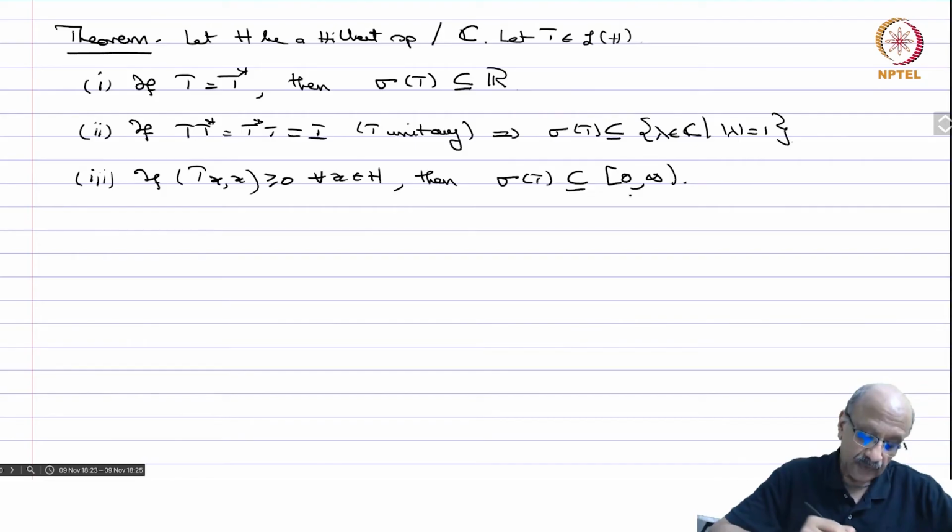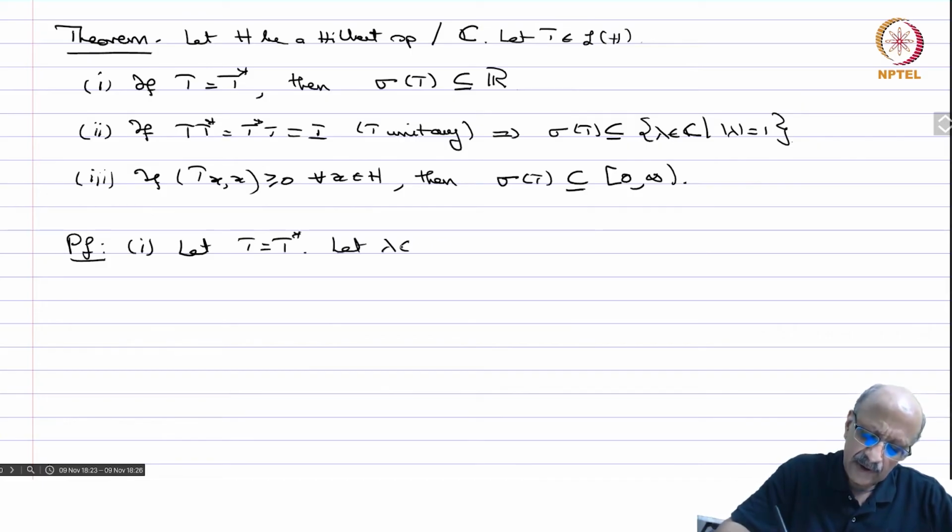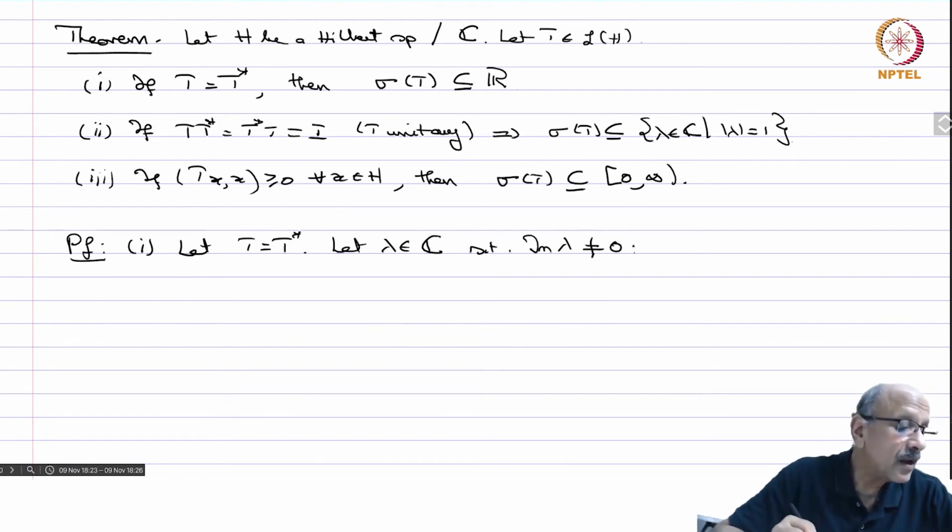Okay, so proof. So we'll prove the first one. Okay, so let T equals T*, let lambda belong to C such that the imaginary part of lambda is not equal to 0. Okay.